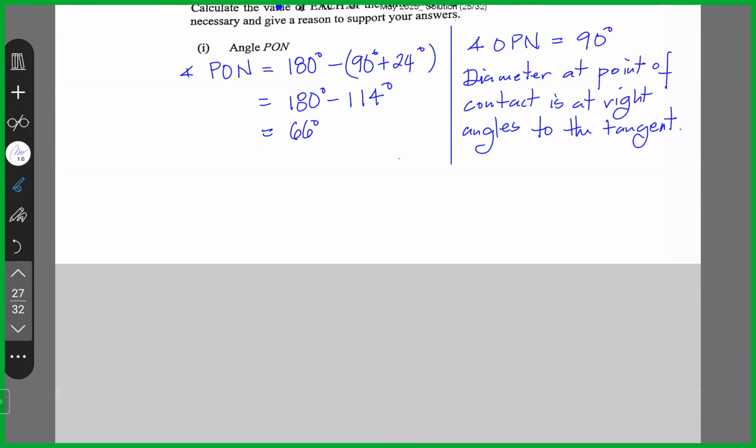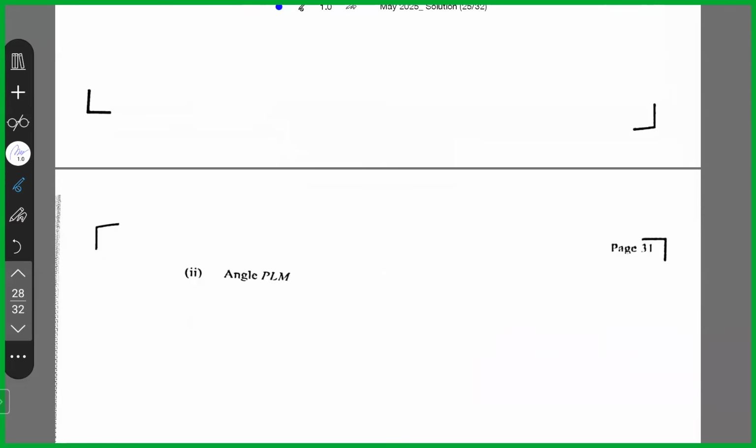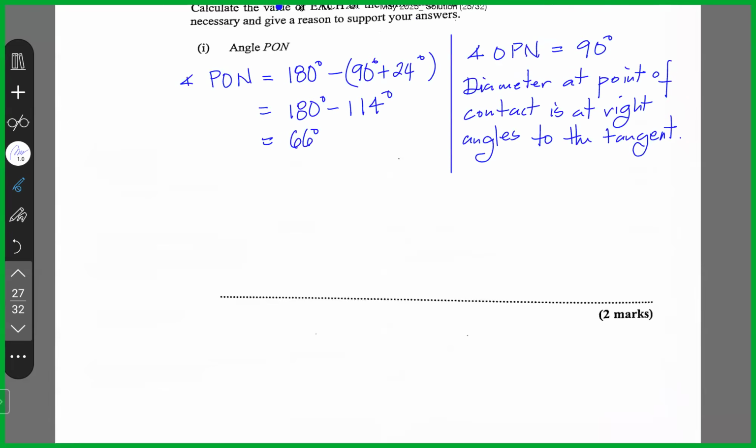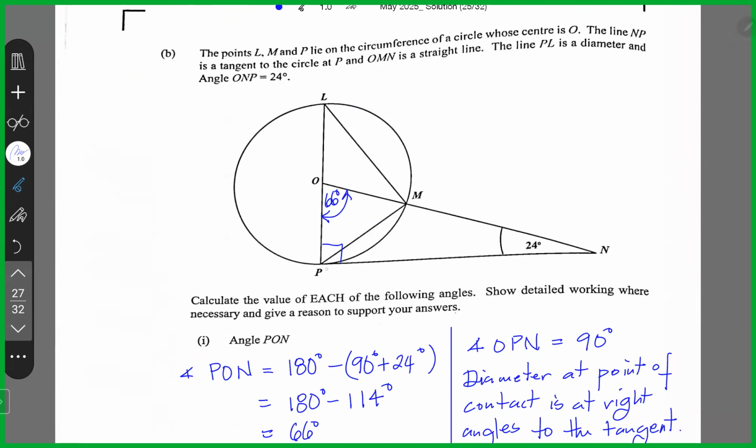Next, we need angle PLM. PLM, that would be this angle here. It might look difficult, but the angle is actually 33. And this is essentially the reason where the angle at the center is 2 times the angle at the circumference.